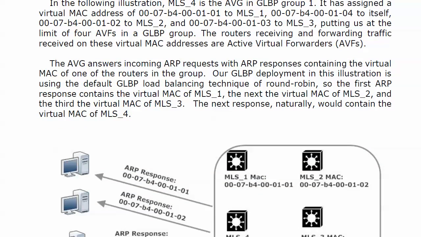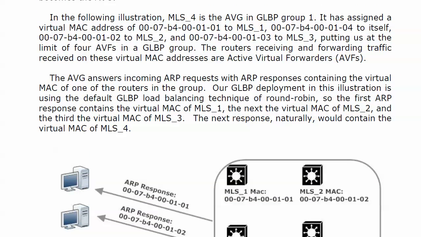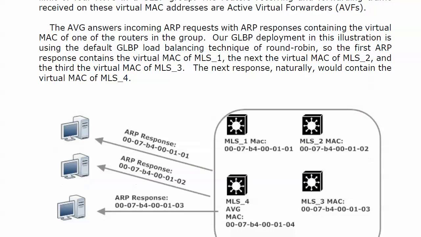Now, in the following illustration, and this is an illustration because in our lab we're going to have 3 routers, MLS4 is the AVG in group 1, and you can see the MAC addresses that it's assigned. They all begin with 0007B400. Then the next part, the XX, is 01 because we have GLBP group 1.